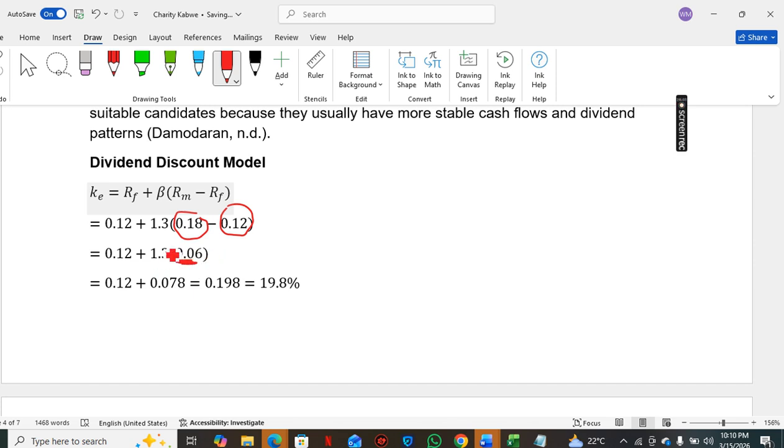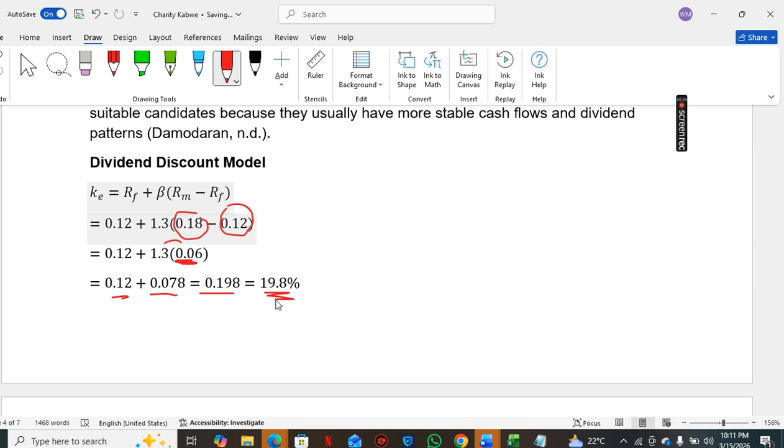Then you just multiply 1.3 times 0.06, you get 0.078. Add that plus 0.12, you get 0.198, which is 19.8%. This is the expected return.